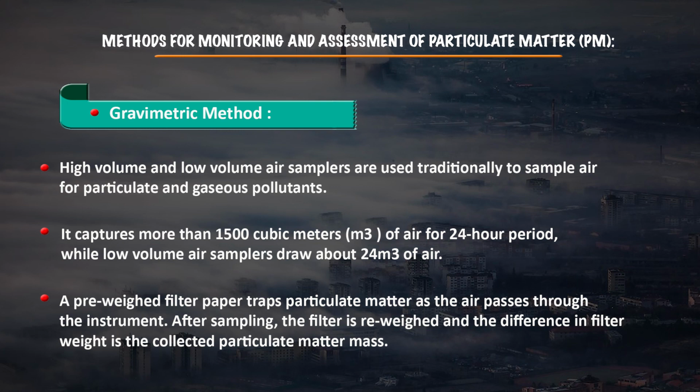If you look at the diagram, you can understand what the air sampler looks like. After sampling, the filter is reweighed, and the difference in filter weight is the mass of the particulate matter.